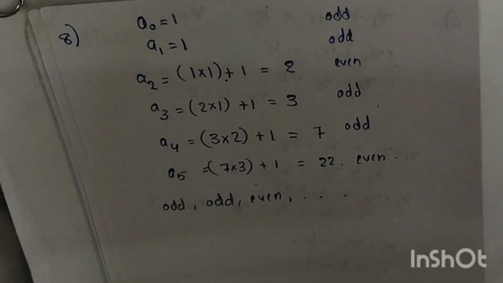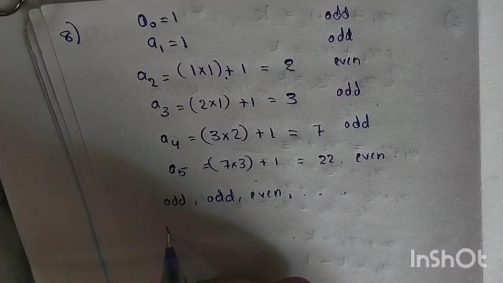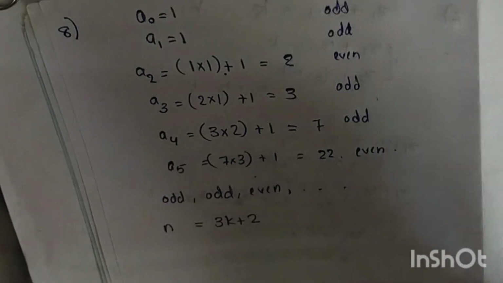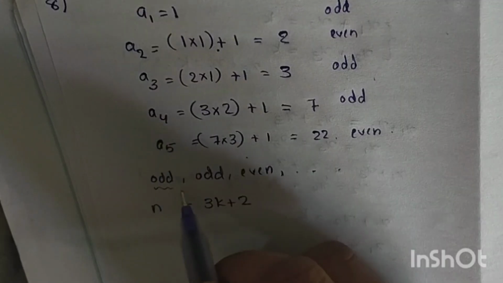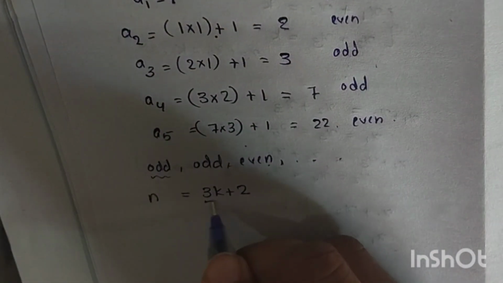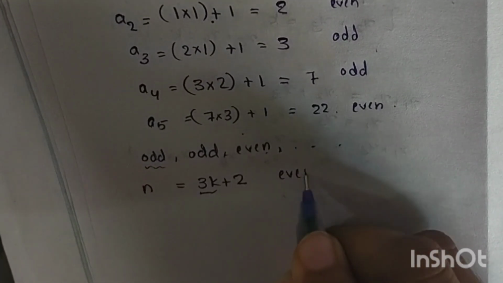And this forms a sequence. We can say that if n is of the form 3k plus 2, since we have only three types of parities, that is after 3 it repeats, so we can write 3k plus 2, it will be even.